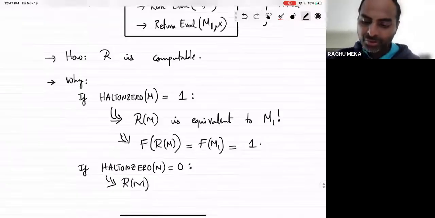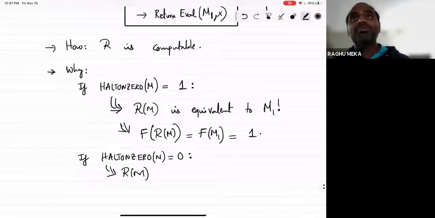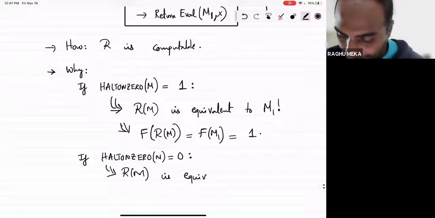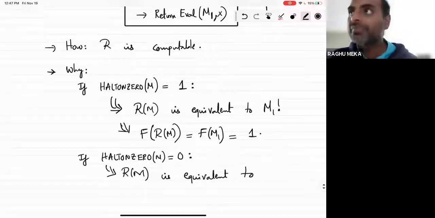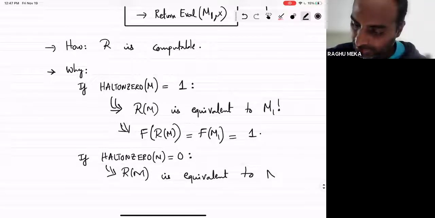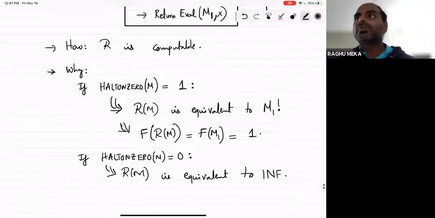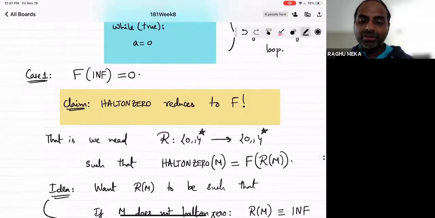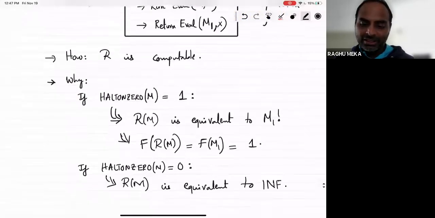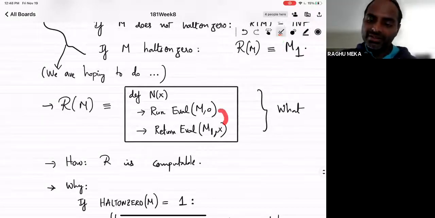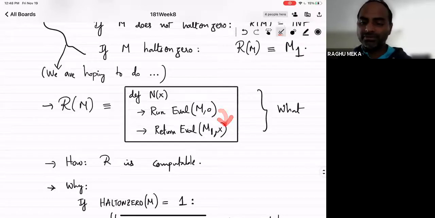So this new reduction program that we built is equivalent in behavior exactly to inf, right? Inf is a program which goes into an infinite loop every time, right? And when halt on 0 of M equals 0, this program R of M also goes into an infinite loop every time. It never gets to this second step at all. Okay.